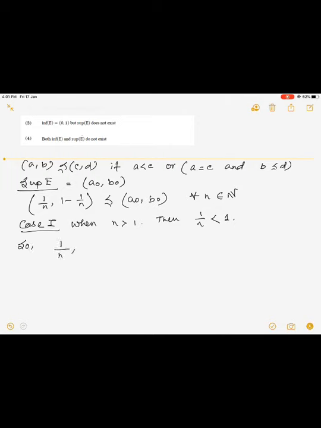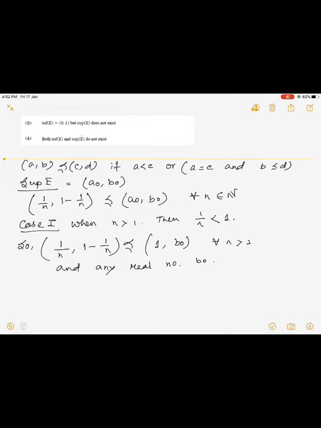So (1/n, 1 minus 1/n) is pre-curly equals to (1, B0) for all n greater than 1 and any real number B0.